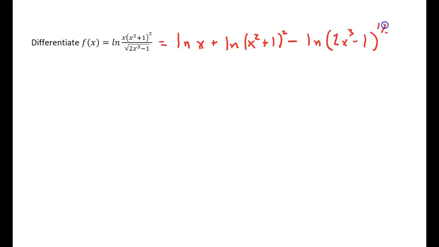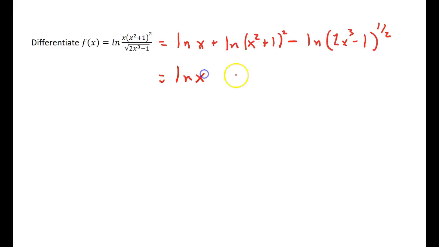So let's use properties of logarithms to take care of this really ugly looking thing, okay? So before I do any calculus, let's split this up. So remember that the log of a product is the sum of the logs. So it's going to be the log of x plus the log of x squared plus 1 squared, and then minus the log of 2x cubed minus 1 to the 1/2.